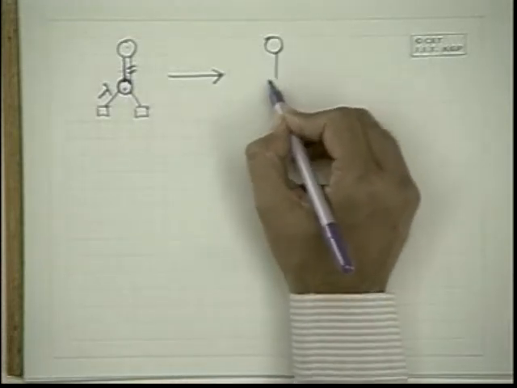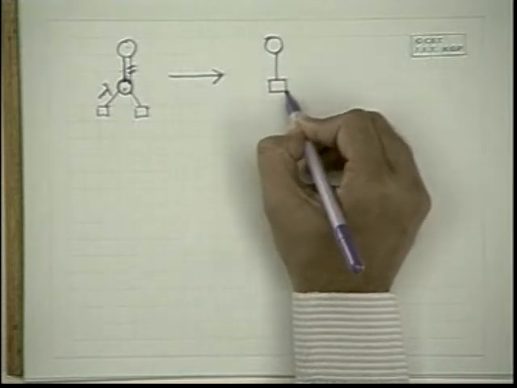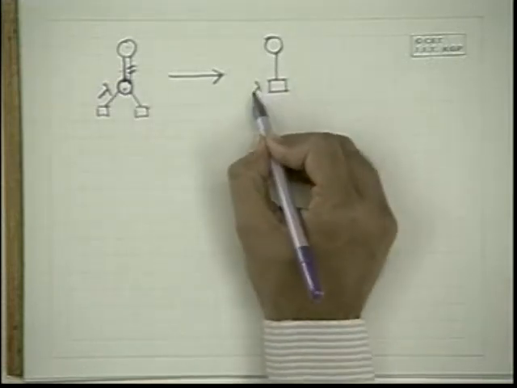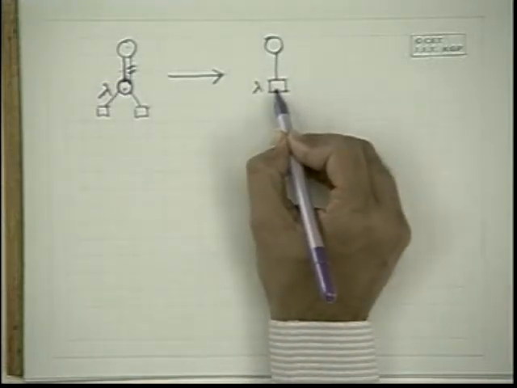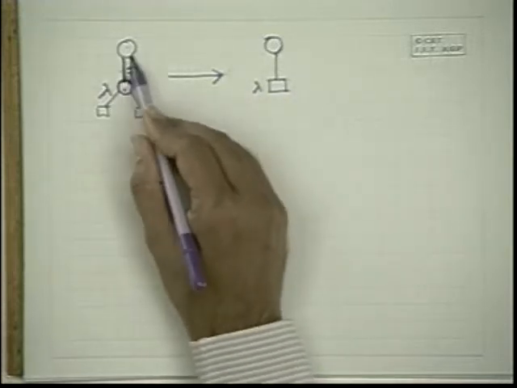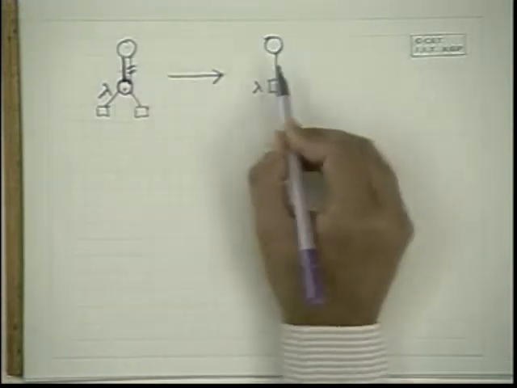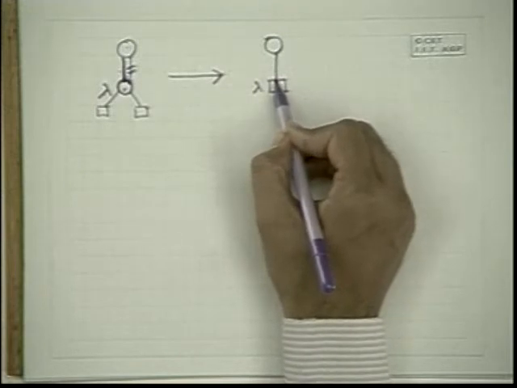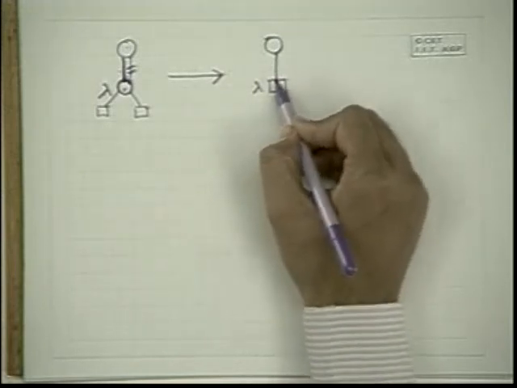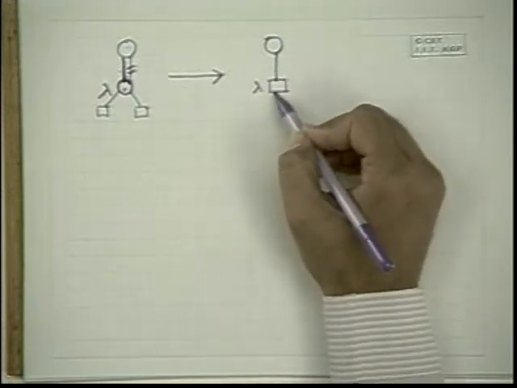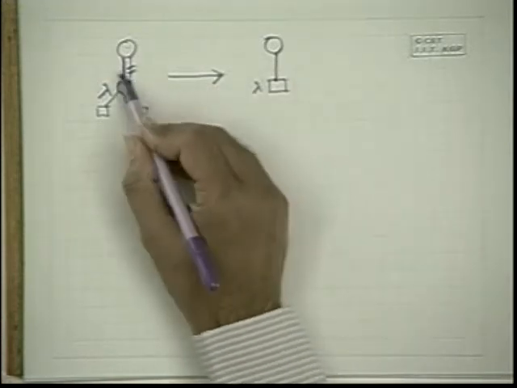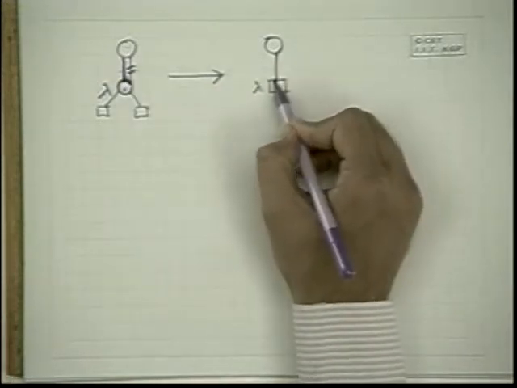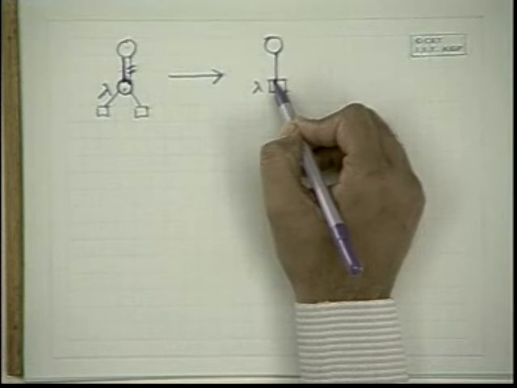Now there is a problem. I have made this lambda a leaf now, but if this edge was red, this becomes black, which has to be black because this is a leaf node. Remember the first property of the red black tree. So if it were red, I make it black, no problem.